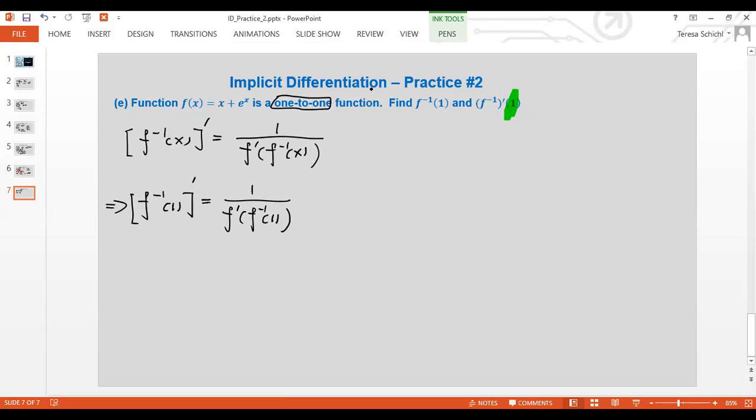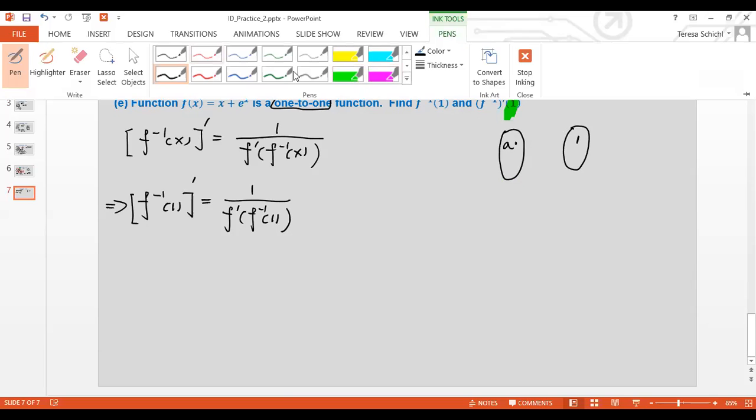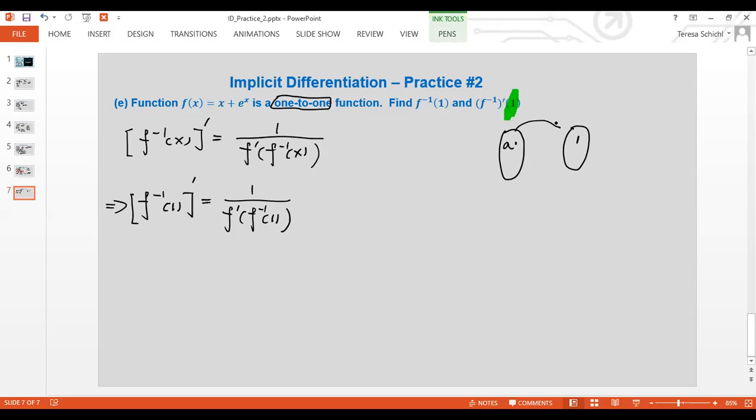This is a very good problem. So f inverse of 1: here I have some number a. If you go in this direction, this is f, so f of a gives you 1. If you go in the backward direction, this is f inverse of 1, so you want to find a.